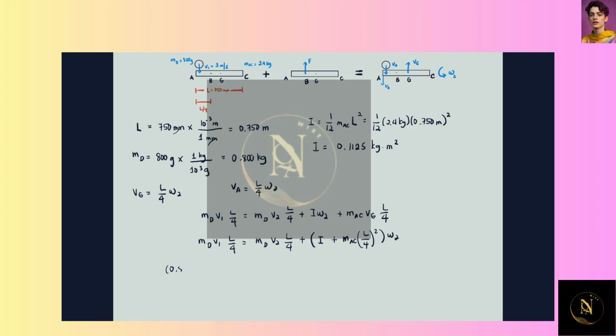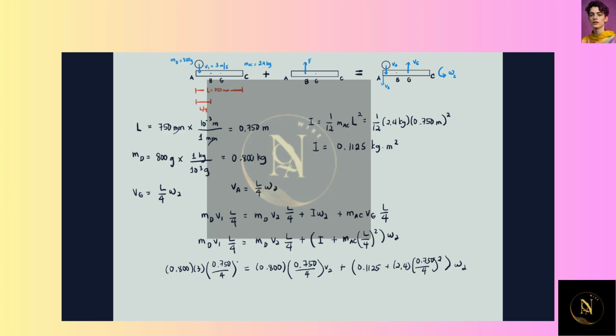This will be 0.800 times 3 times 0.750 over 4 equals 0.800 times 0.750 over 4 times V2 plus, the value of I, 0.1125 plus 2.4 times 0.750 over 4 squared, times omega 2.